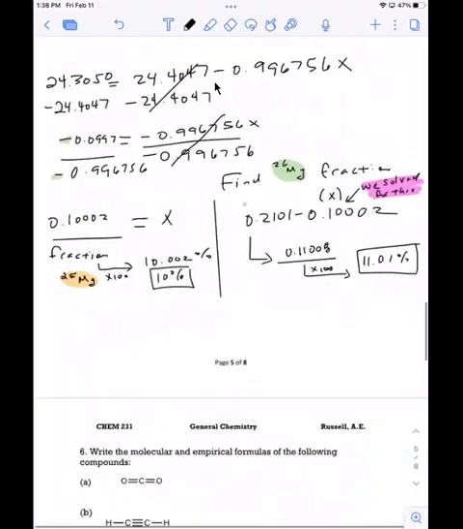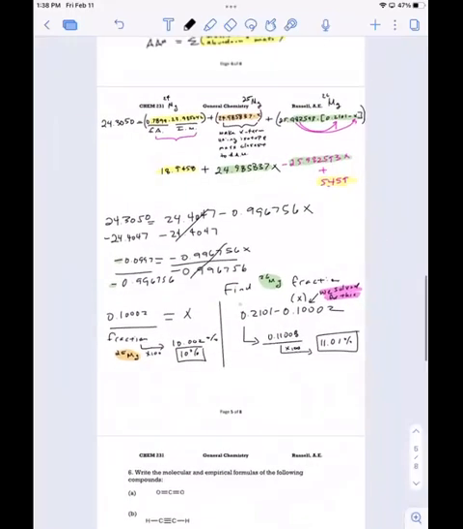I know it's kind of an in-the-weeds problem, but once we figure out what we're looking for and we know how to set that equation up, then it's all academic after that. So Mg-25 is 10% and Mg-26 is 11%, and the total should give us 100. So if we add 78.99, 11.01, and 10%, we should get 100%.